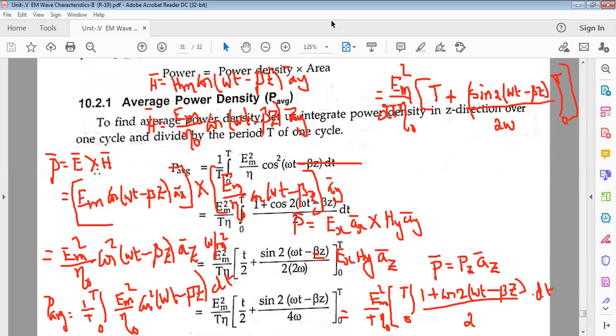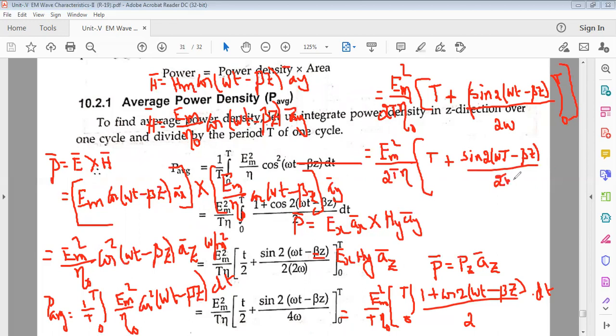Substituting the upper limit, you get Em square by 2 T eta, and it becomes T plus sine of 2 into omega T minus beta z, whole divided by 2 omega, minus sine at 0.